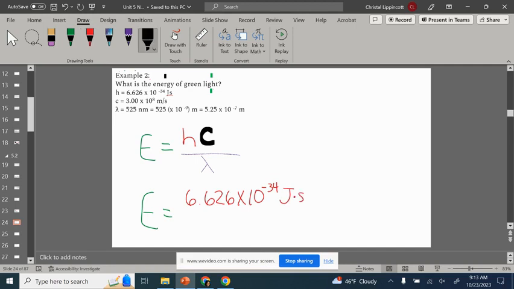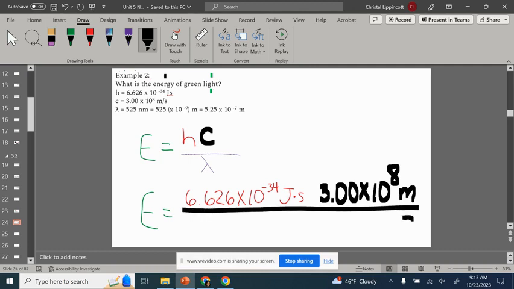I'm then going to put in my speed of light. My speed of light is 3.00 times 10 to the 8, and that's meters per second. Kind of obnoxious, isn't it?